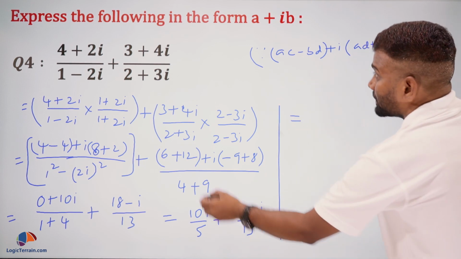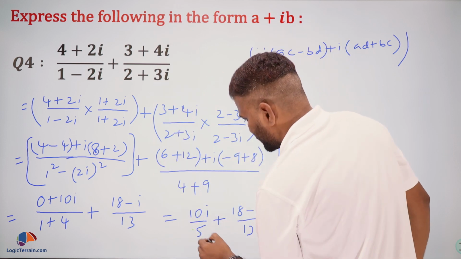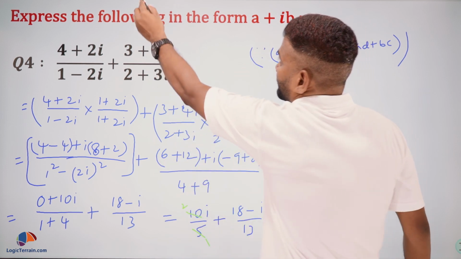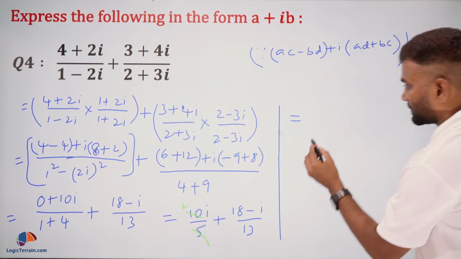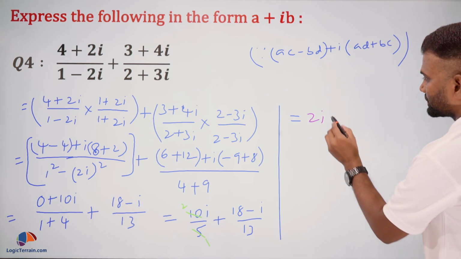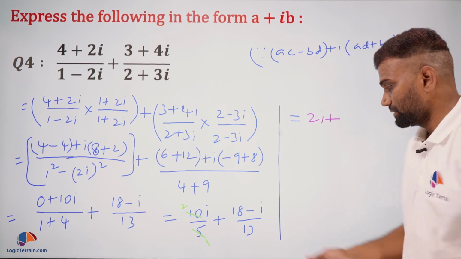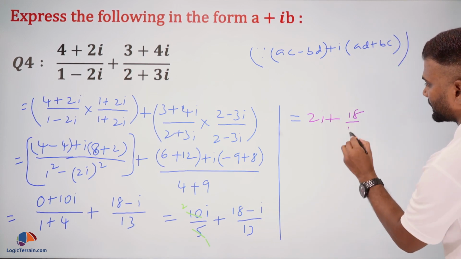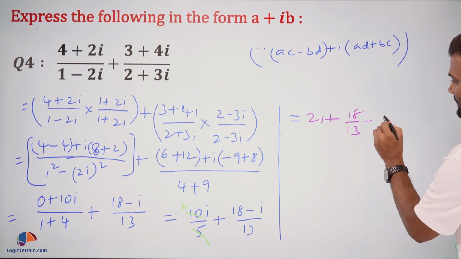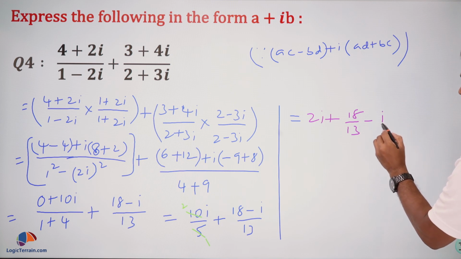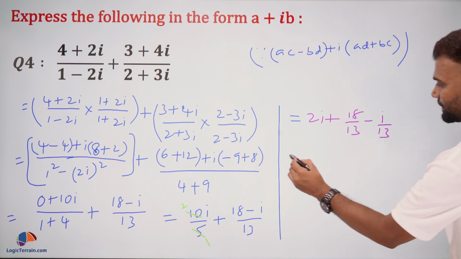Further, here 5 ones are 5, 5 twos are 10, then this becomes 2i plus, so this 13 divides both the terms in the numerator, that is 18 upon 13 minus I upon 13.